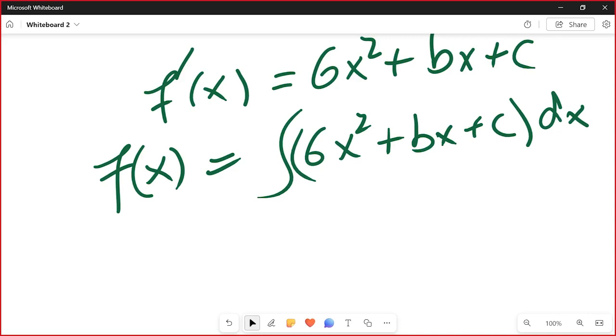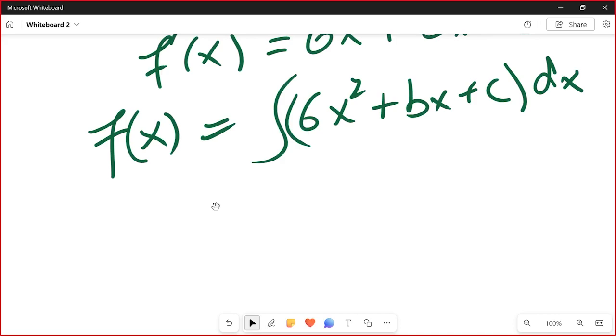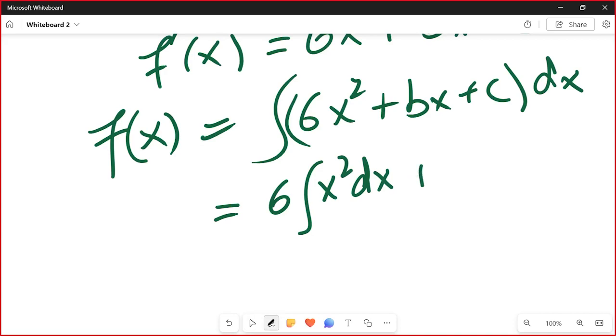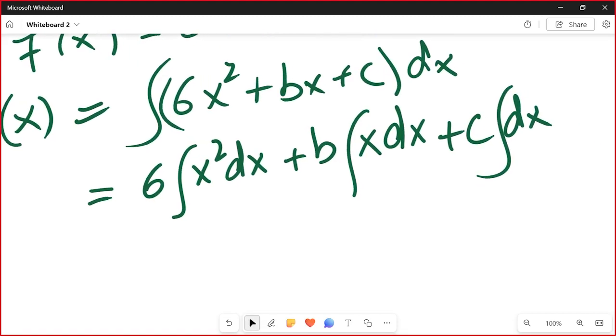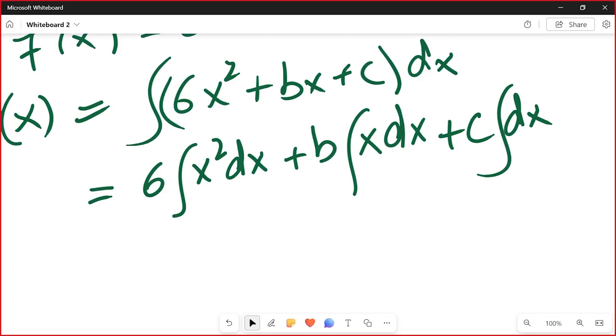Okay, then we would open the brackets. 6 is a constant, so we can take it out of the antiderivative. So 6 times the integral of x square dx, plus b times the integral of x dx, plus c times the integral of dx.